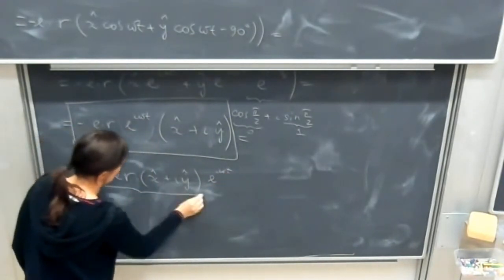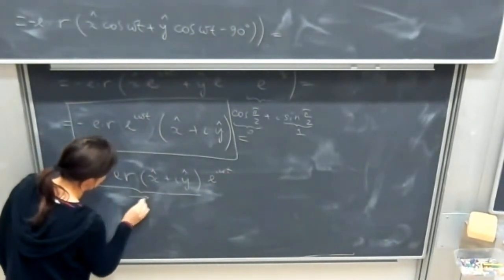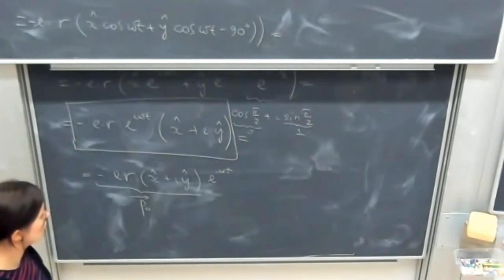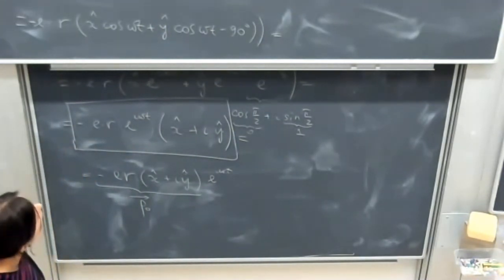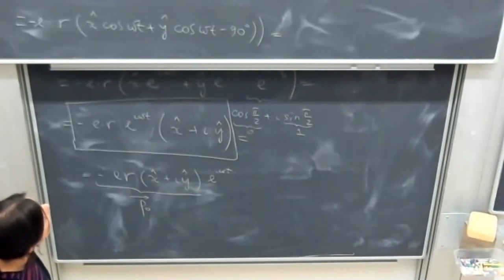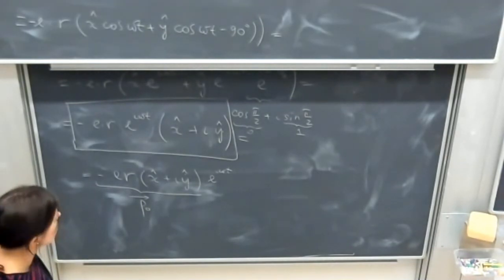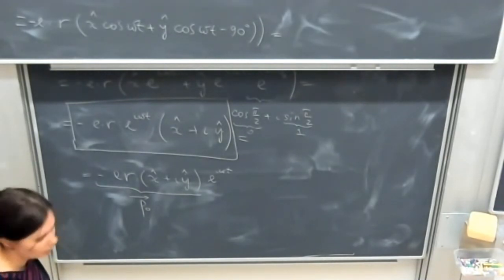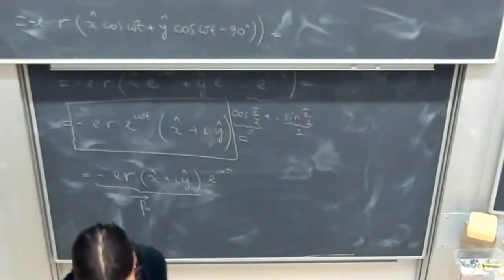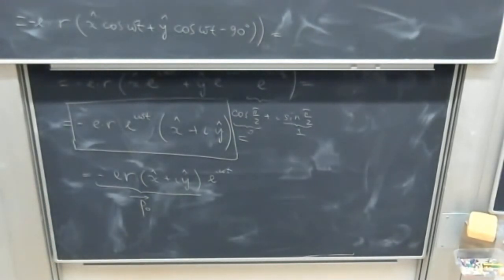So this part is P naught, the dipole moment. So that's the shape of the equation above.